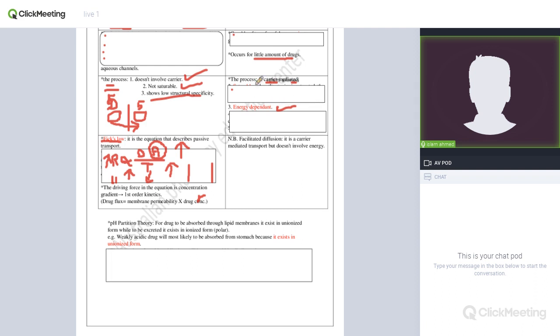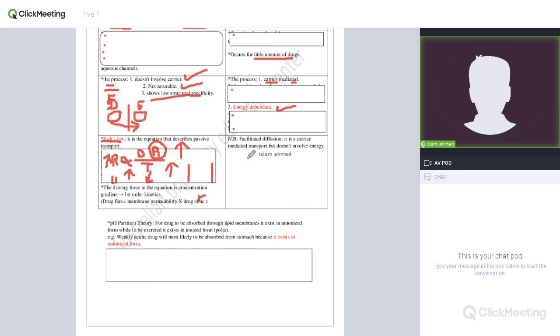Beware of all the red notes. Number 4, it may be adversely affected by certain chemicals. Yes, some of the medications can affect the transport process in a negative way by, for example, damaging the carrier or something like that. Number 5, there is no equilibrium as in the passive diffusion process.